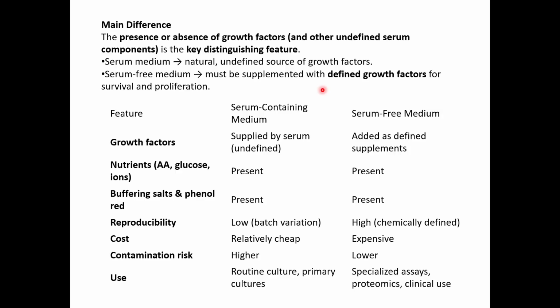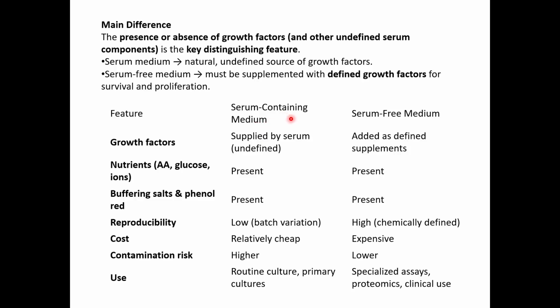So the main difference is the presence or absence of growth factors and other undefined serum components. So serum media is a natural, undefined source of growth factors. Serum free media must be supplemented with defined growth factors for survival and proliferation.